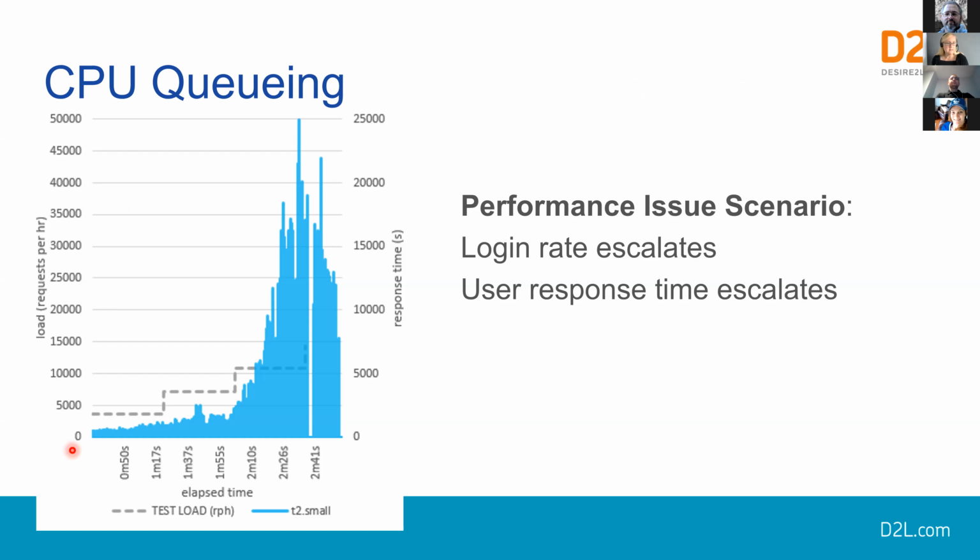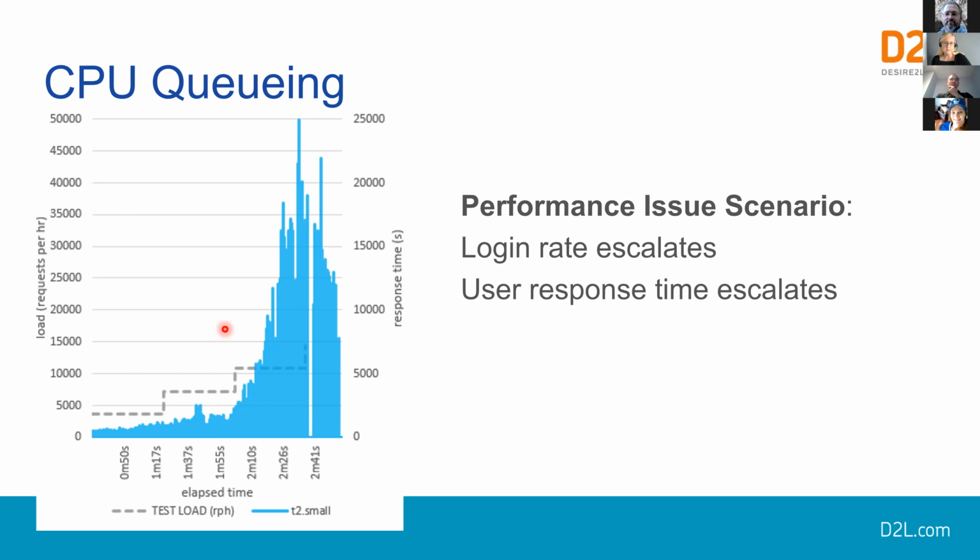The y-axis shows increasing load in requests per hour, and the x-axis shows elapsed time. The gray line shows incremental load, and at some point the processor is no longer able to keep up, and an occasional small queue that is regularly cleared transitions to a persistent and growing queue, somewhere around here.